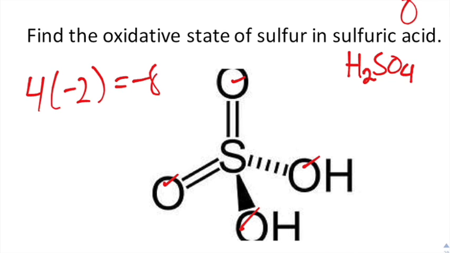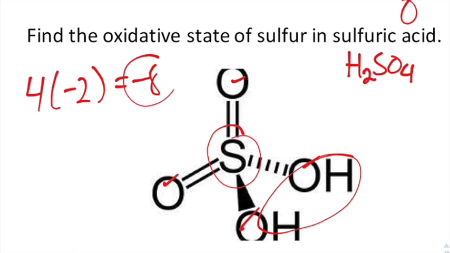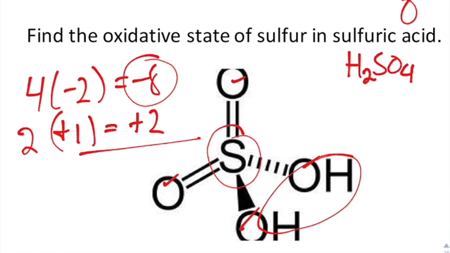Now I have to figure out a way to make this thing neutral. I have 1 sulfur atom and 2 hydrogen atoms. The 2 hydrogen atoms are pretty easy. Because I have a negative charge here, I can assume hydrogen is +1, since it can be either +1 or -1 but it doesn't make sense for it to be negative. So 2 hydrogens at +1 gives me +2. That leaves me short; I need a +6 charge.